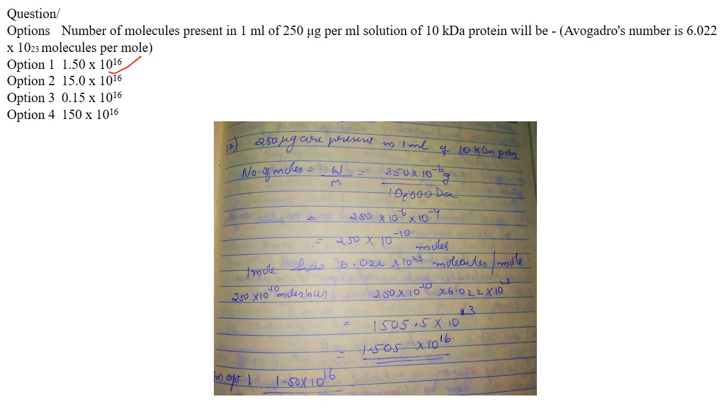So you will get a value over there. And 1 mole has Avogadro number of molecules per mole. So 250 into 10 raised to minus 10 moles has 250 into 10 raised to minus 10 into Avogadro number. That will give you 1.505 into 10 raised to 16. So that is option 1.